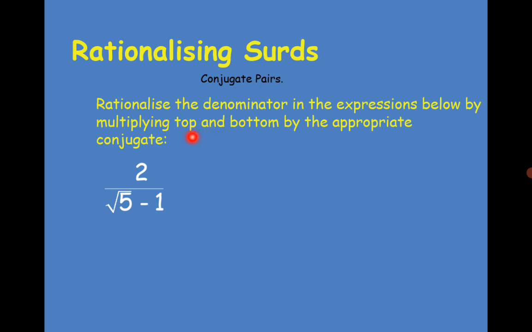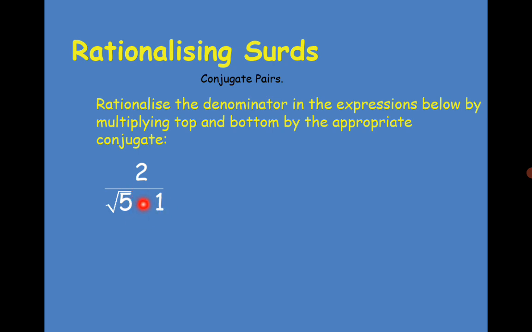Rationalize the denominator in the expressions below by multiplying the top and bottom by the appropriate conjugate. So you take the conjugate to rationalize this. In other words, to remove this root sign here, you multiply the top number and the bottom number by its conjugate. The conjugate of root 5 minus 1 is going to be root 5 plus 1.